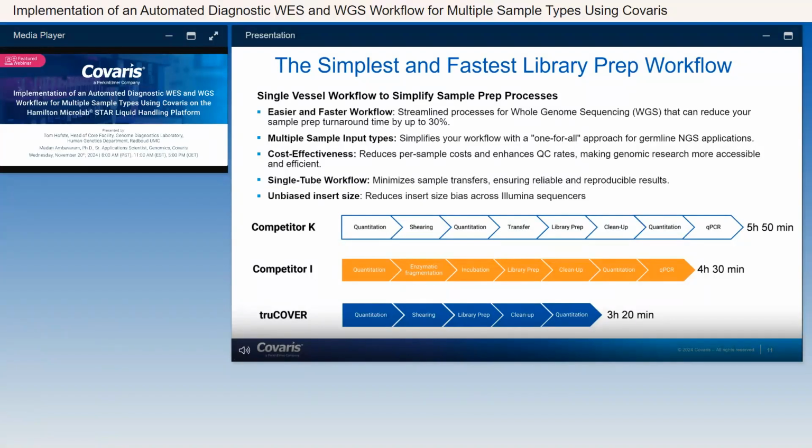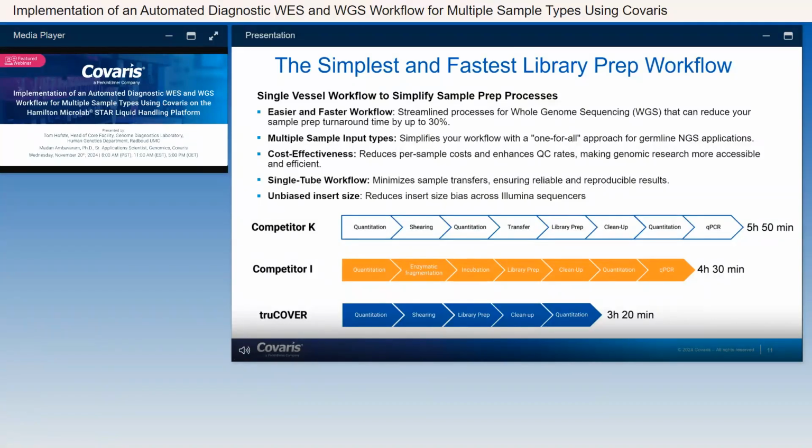Also, this workflow has very versatile sample input, adopting a one-for-all approach for various germline NGS applications, simplifying workflows. It is also cost effective, lowering per sample cost and enhancing QC pass rates, making genomics research more efficient and accessible.